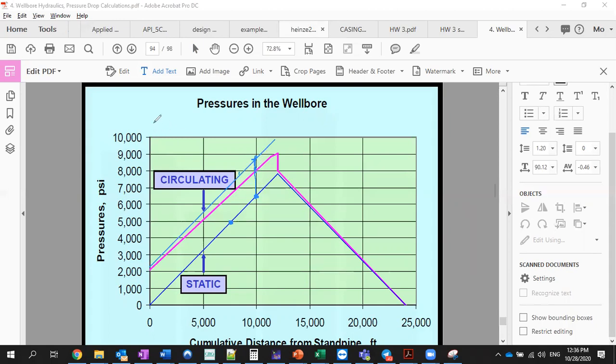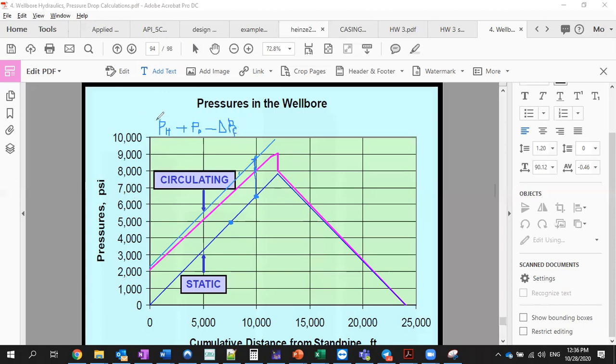And then you calculate your pressure loss at that section and subtract it from that pressure. So basically your equation becomes, at any point of this line at any depth: your hydrostatic pressure plus your pump pressure minus your friction pressure loss. Sorry for my handwriting.